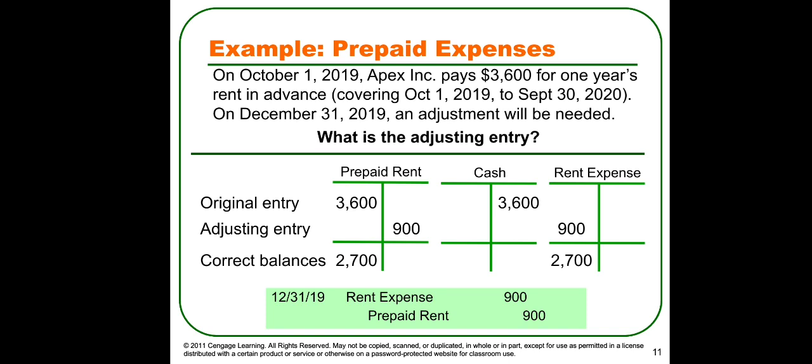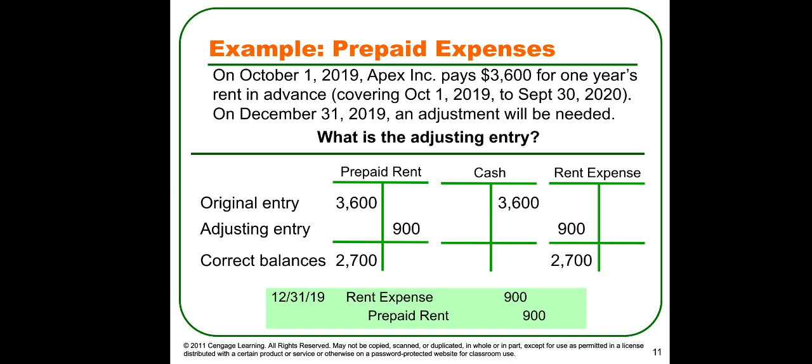So now you know that from 3,600 prepaid rent asset, 900 has become an expense. Like I said earlier, when the business used the building, then it becomes an expense. So the business has used the building for 3 months.